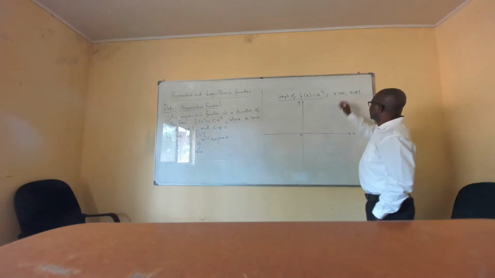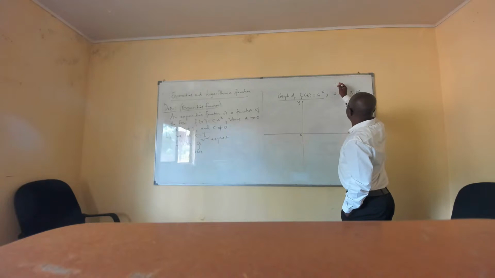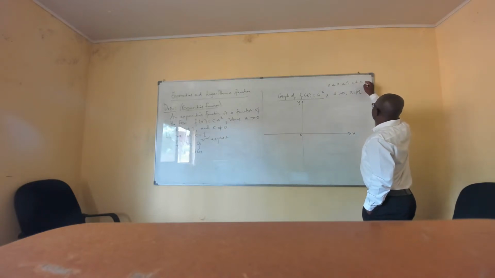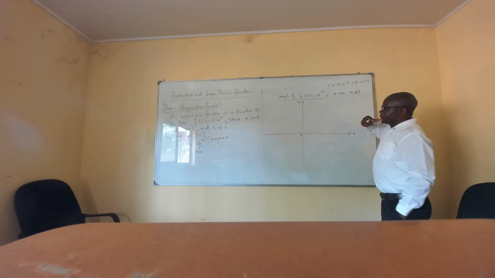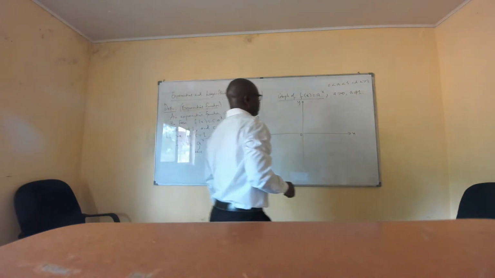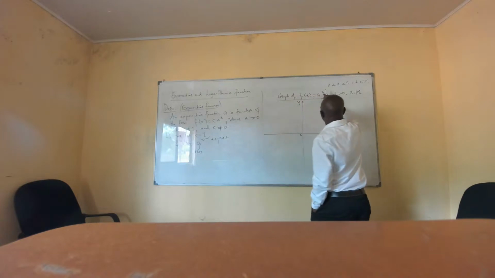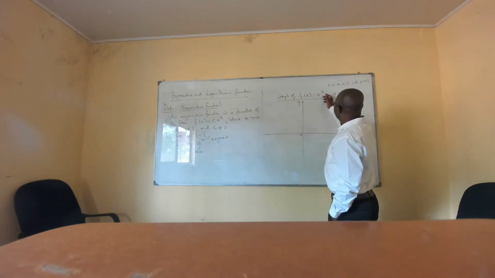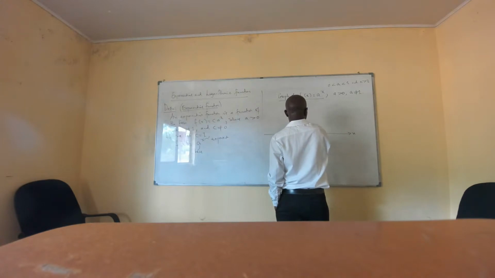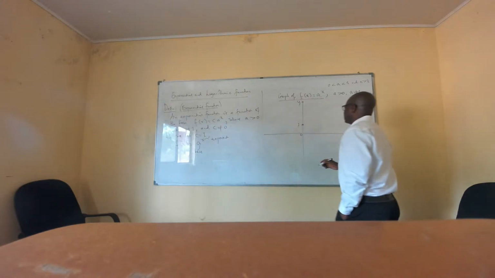So we can find out what happens when a is between 0 and 1, and when a is greater than 1. Actually, when x is 0, this passes through 1 all the time.